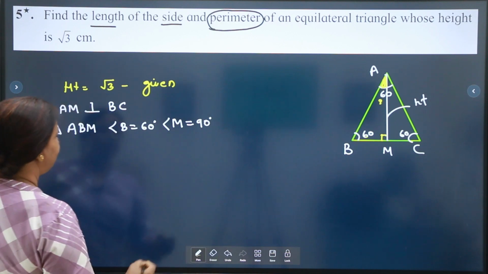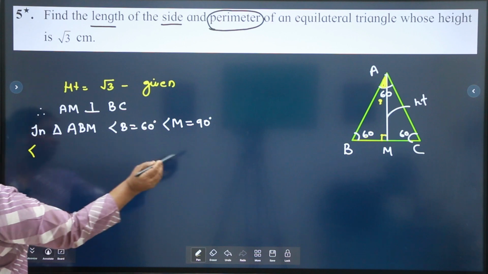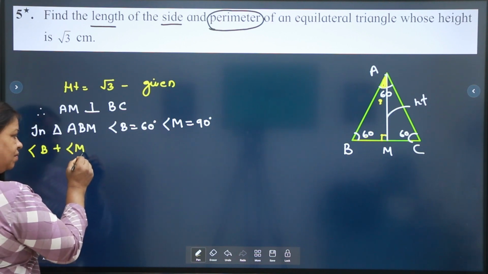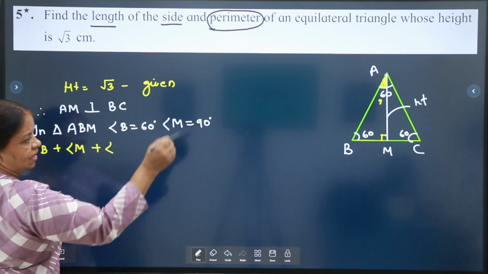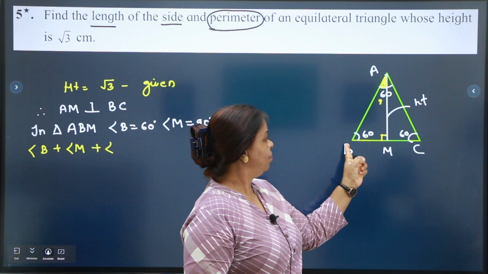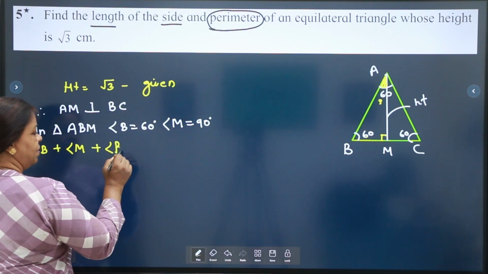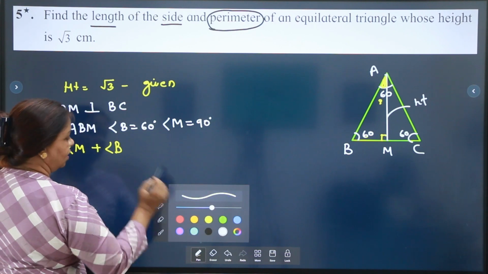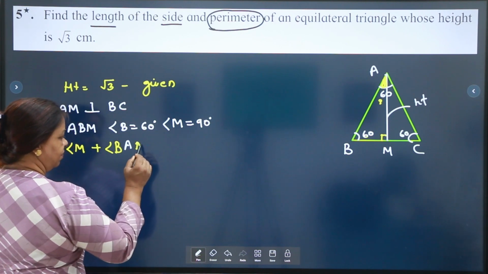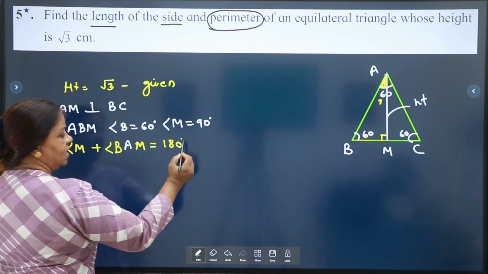So we can use the sum of the angles of the triangle. Angle B plus angle M plus angle A. A means not this full angle, only this half. So BAM is equal to 180 degree. Why 180 degree?